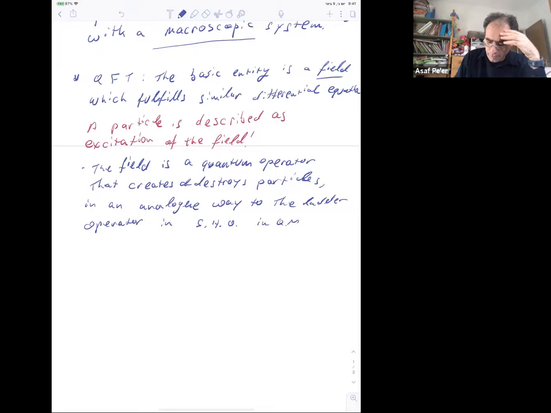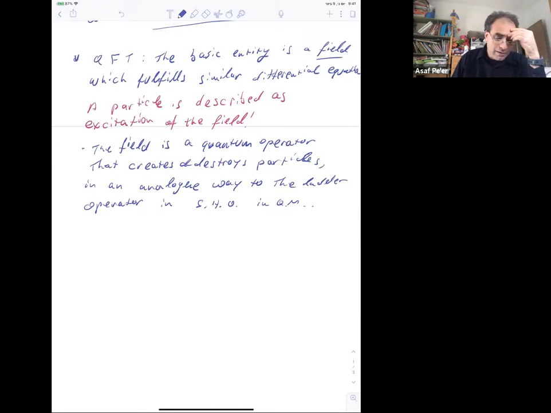Now, interaction between particles. Remember, in quantum field theory we can have interactions. It's described by a multiplicity of such operators. So we can have two operators that you multiply, where one of them destroys a particle and the other creates another particle.